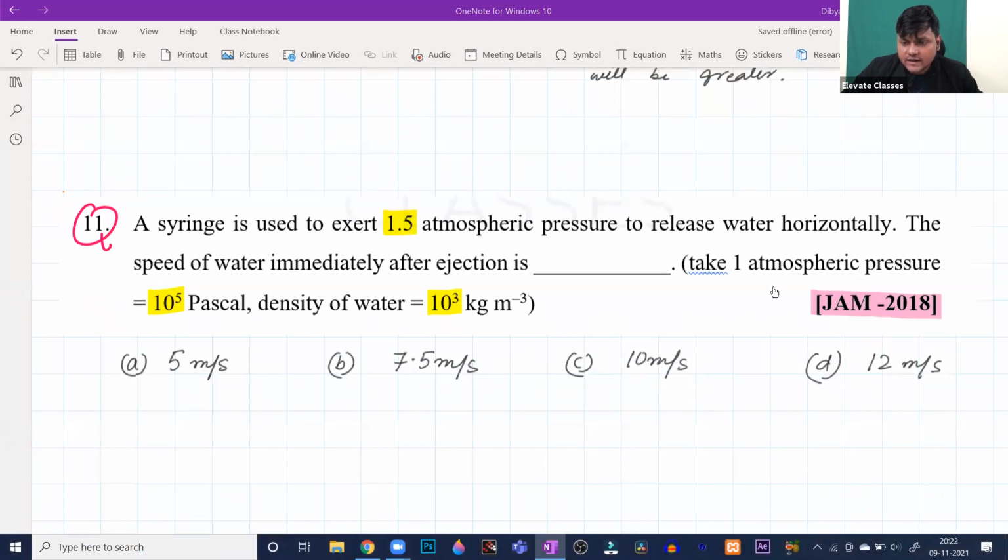Ipshita, your answer is correct. Ayush, correct answer. Saeed, correct answer. Durgesh, Akshay, Chetan, Sachin, correct answer.